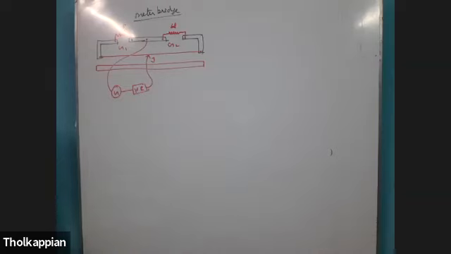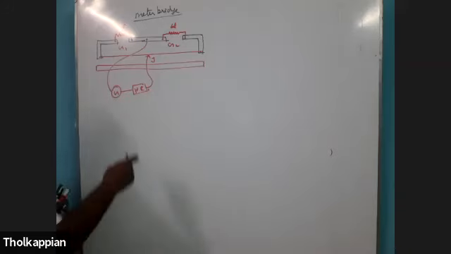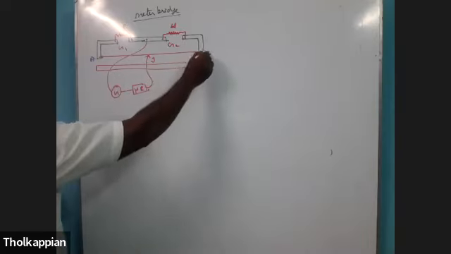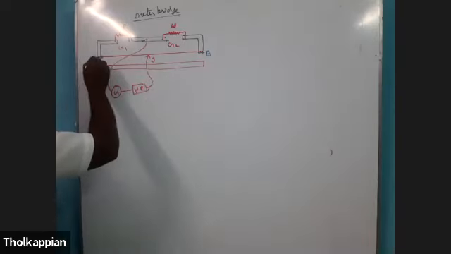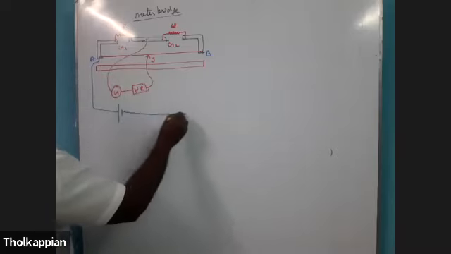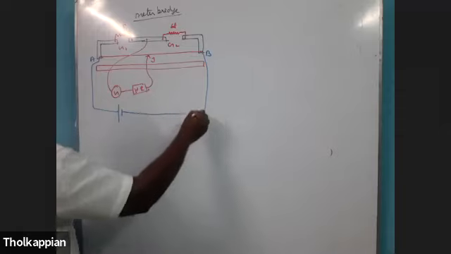If possible, today I will show that in the school. This is your experiment. In these two terminals, consider this terminal as A and this terminal as B, and this terminal is connected to the battery cell to give the power supply.